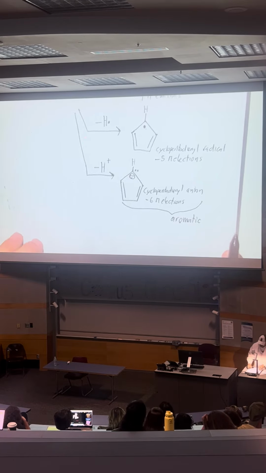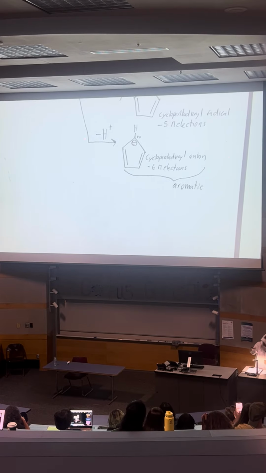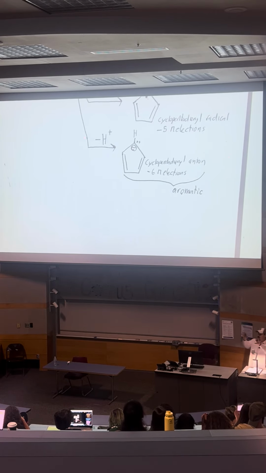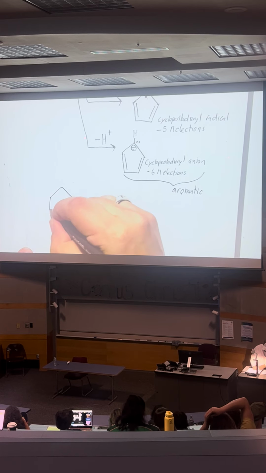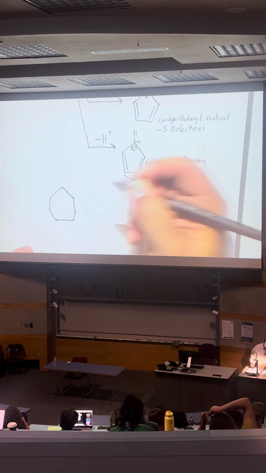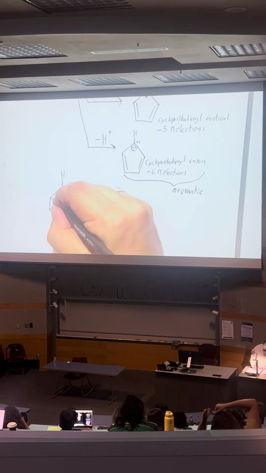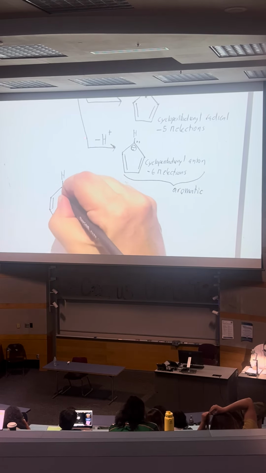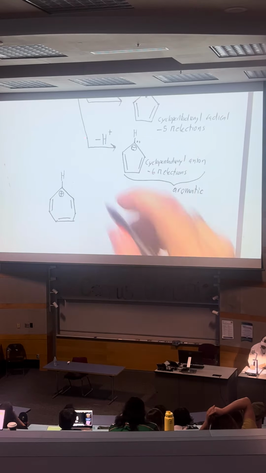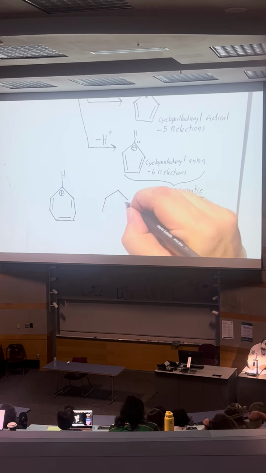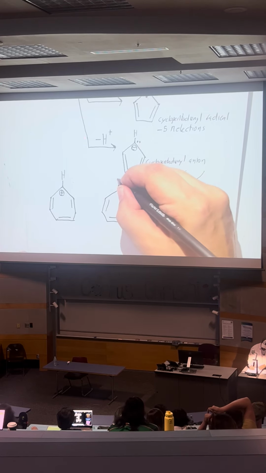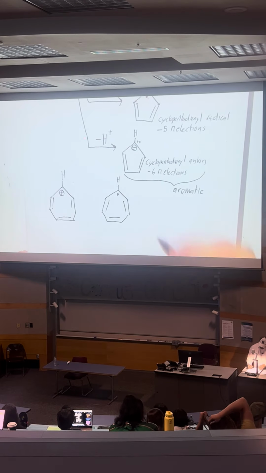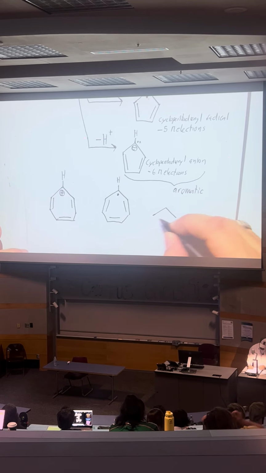And of course that can change when you move from a 5-membered ring like this to look at the three different possibilities for, for example, a 7-membered ring. So here you get to practice drawing your 7-membered rings. Let's say you have the cation, the radical. Come down here and draw the anion.